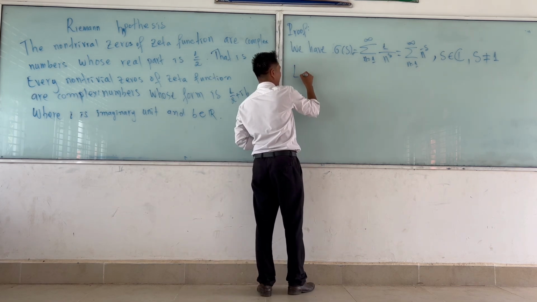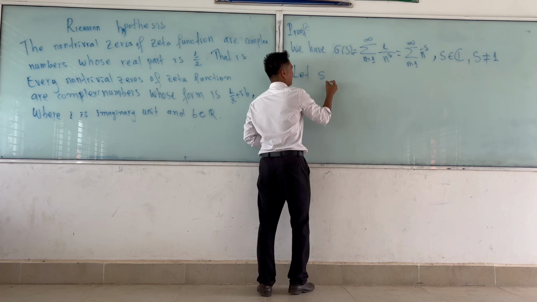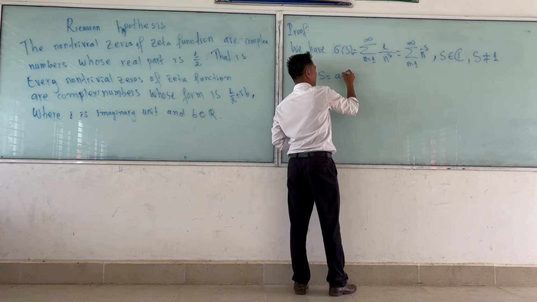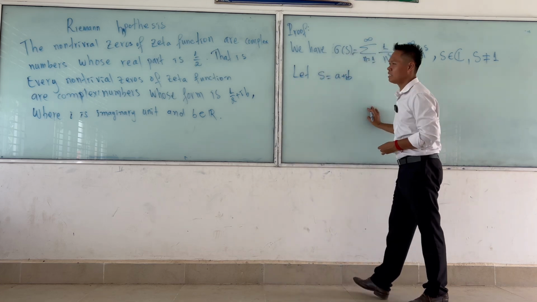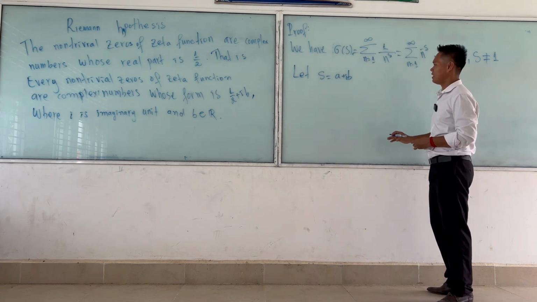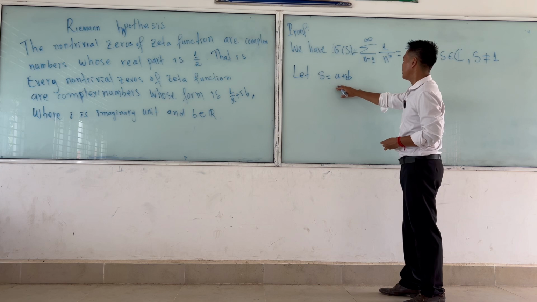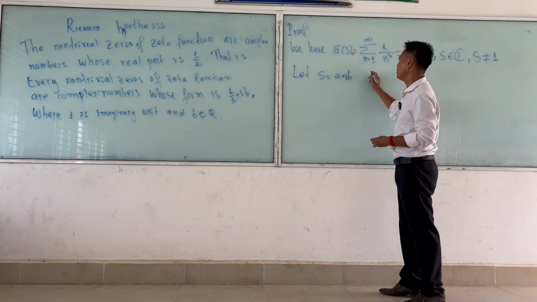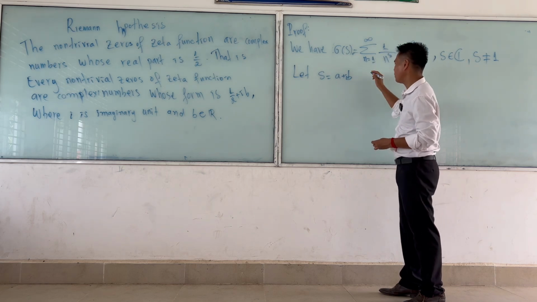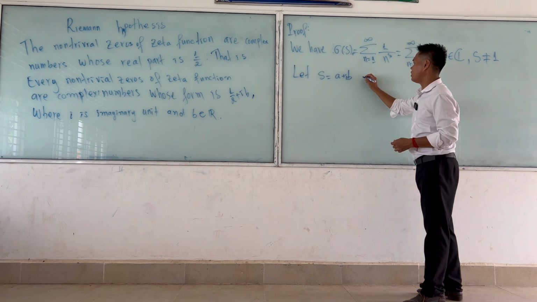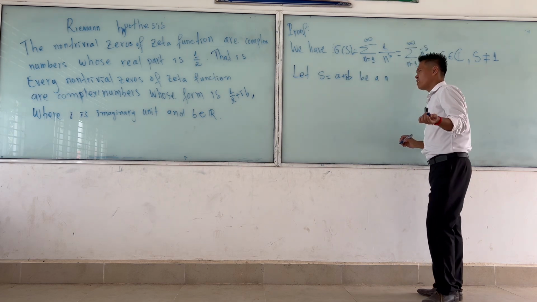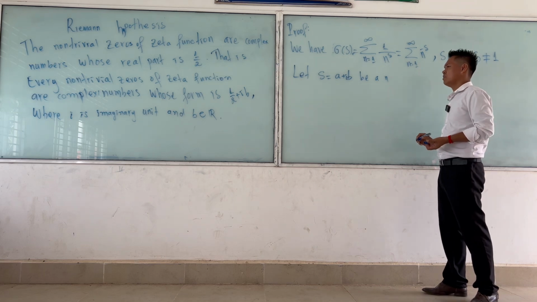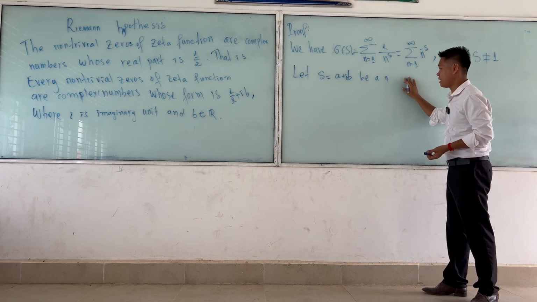Okay, so let s equal to a plus ib, i is the imaginary unit. Yeah. So we let s equal to this, but what is s? Let s equal to a plus ib, b what? A non-trivial, I mean a general non-trivial 0 of zeta. Yeah.